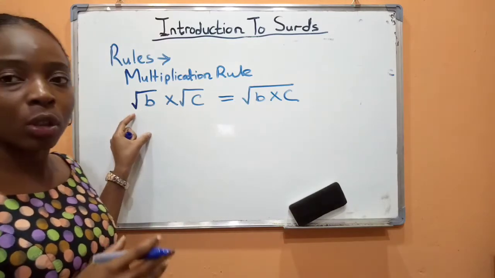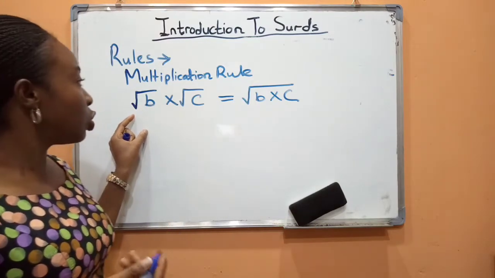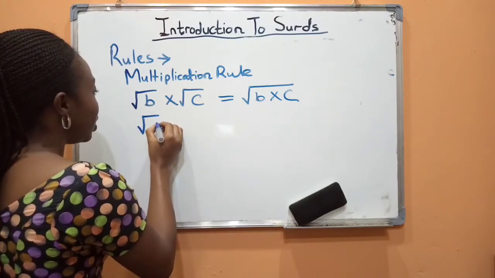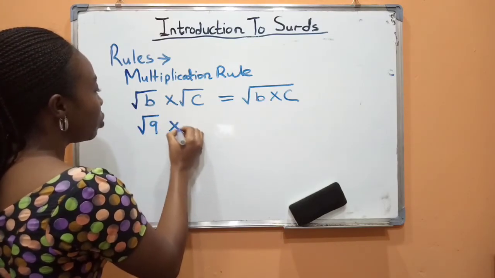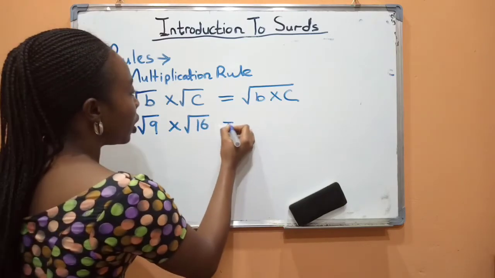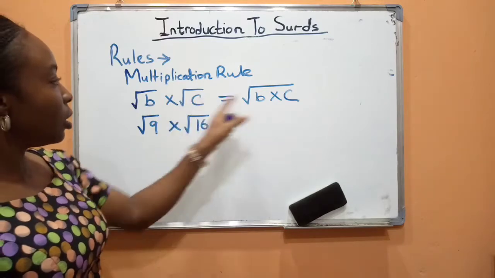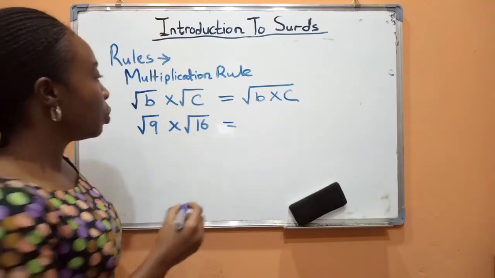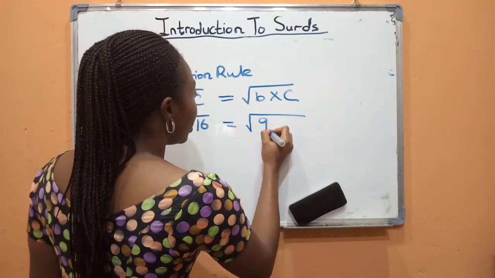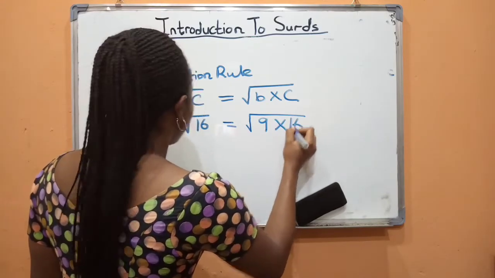Let's impute some numbers and check if that is true. So if you have root 9 times root 16, let's check if this law is true. So we are going to have root 9 times root 16.